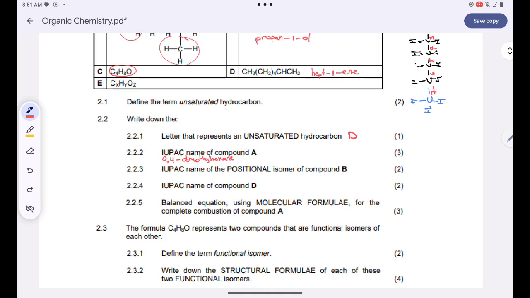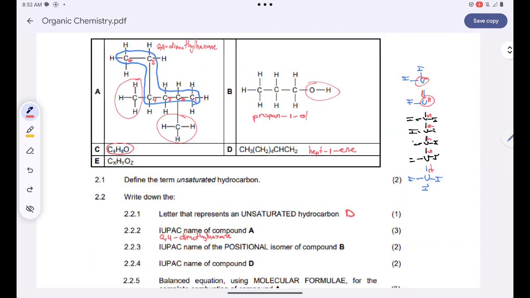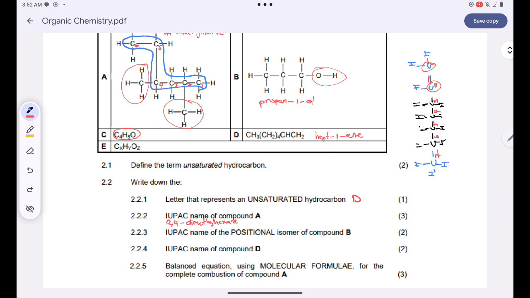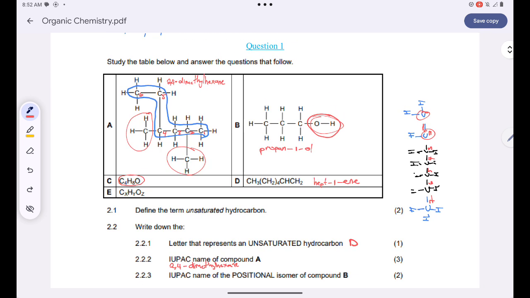Okay, the IUPAC name of the positional isomer of B. For a positional isomer, guys, you just need to take your functional group and place it on a different carbon. So the positional isomer will look like this: 1, 2, 3.